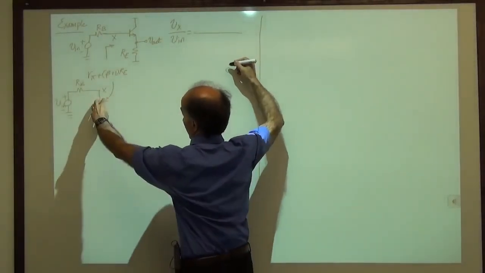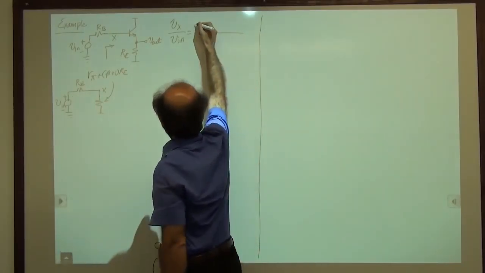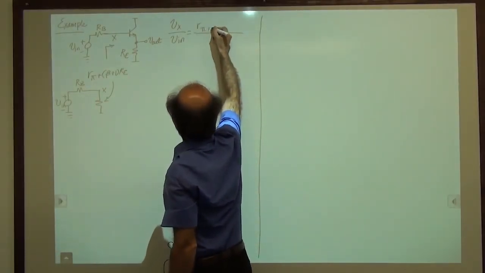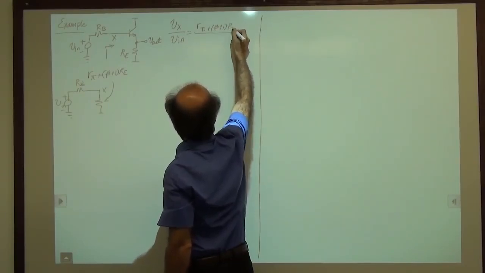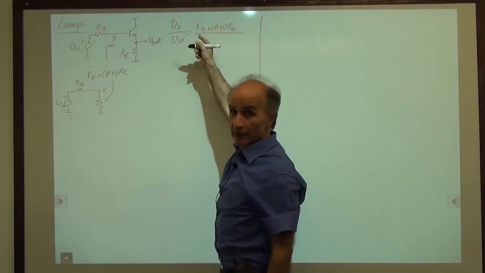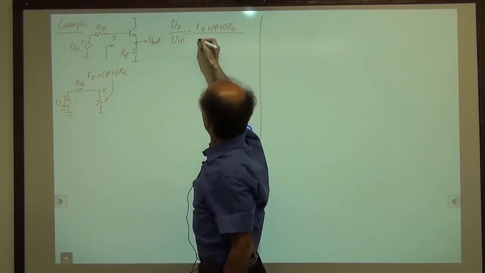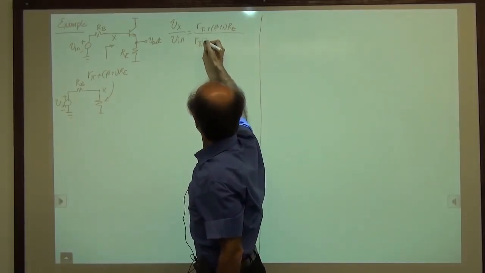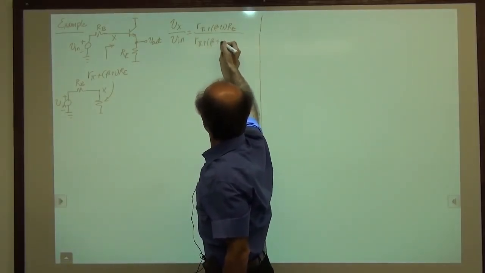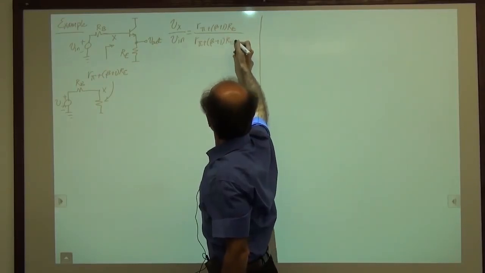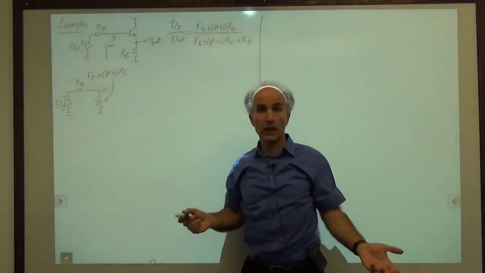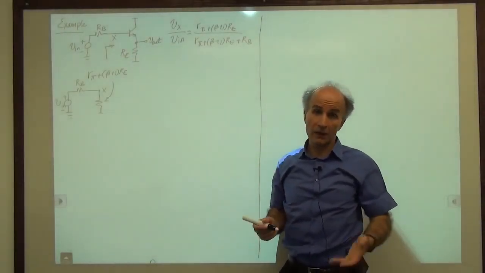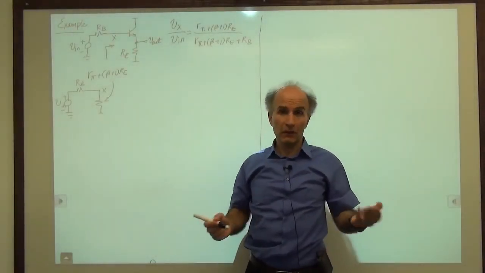So it would be this resistance divided by the sum of the two: R pi plus beta plus 1 times Re, divided by the same resistance plus Rb. So R pi plus beta plus 1 times Re plus Rb. That's the voltage gain from V in to Vx. It's really an attenuation, but you can call it a gain too.